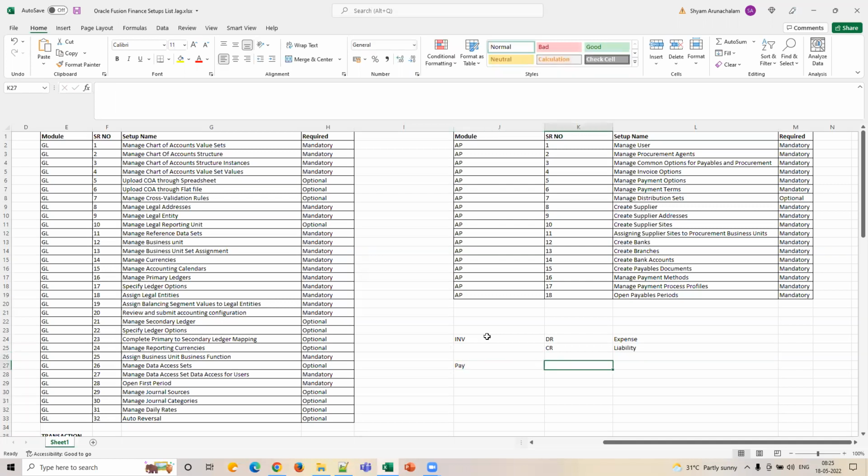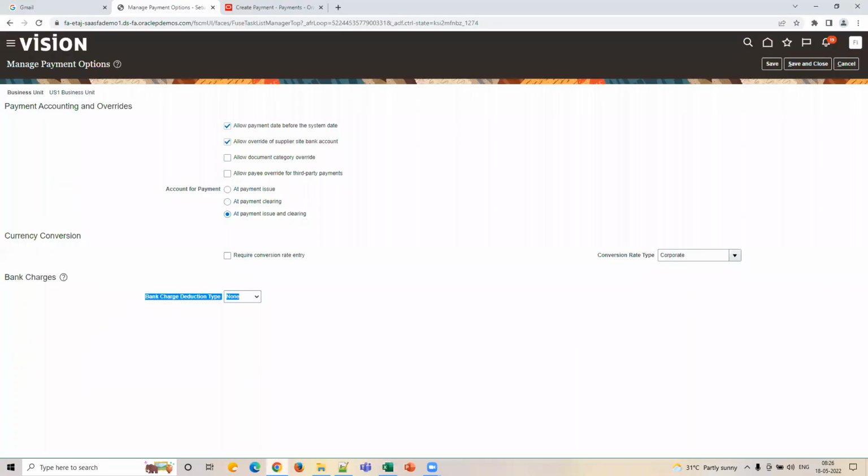While making payment, what will be your debit? What will be your credit? You will debit your liability. You will credit your cash, right? So this is a general account.